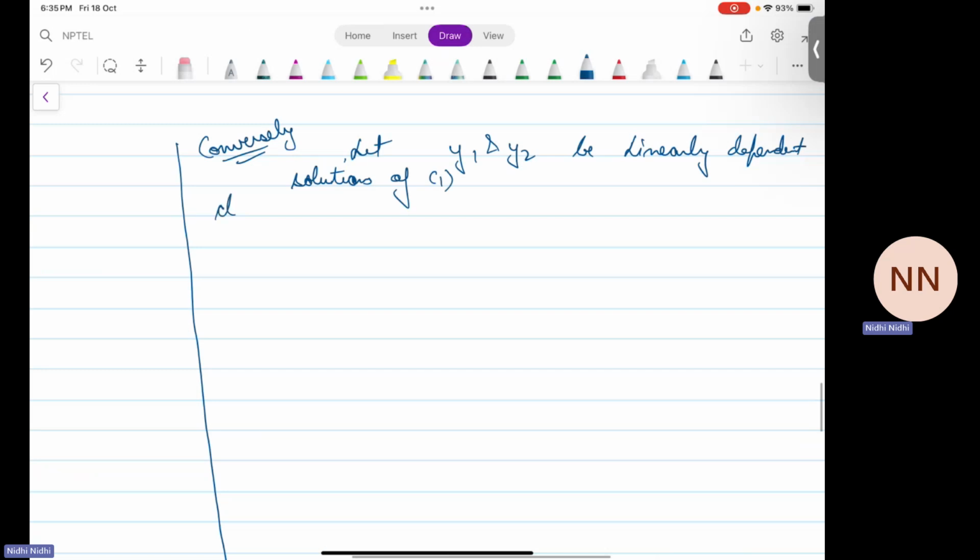Now we need to show that their Wronskian is 0.